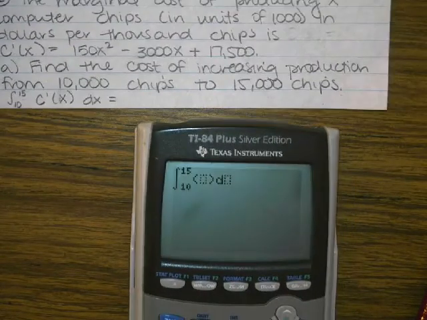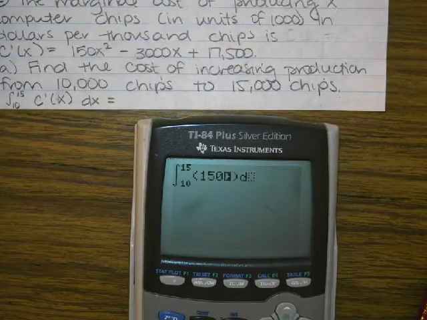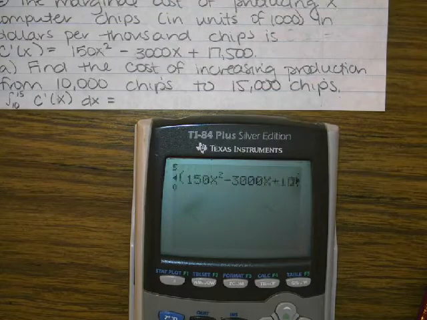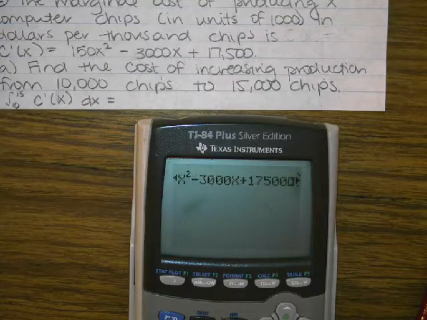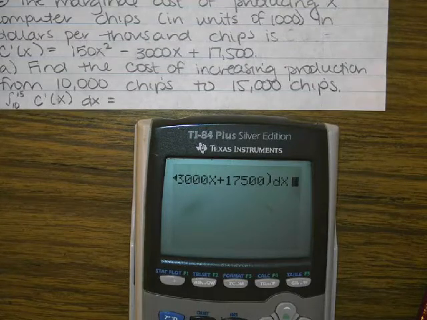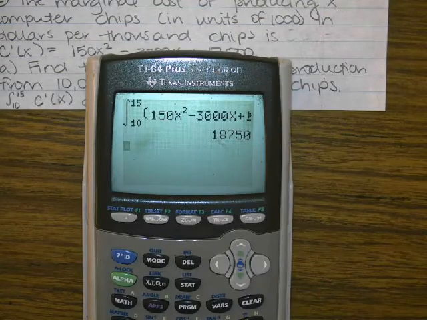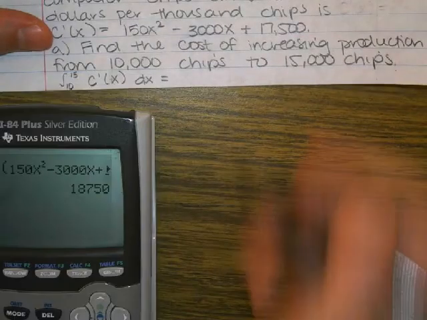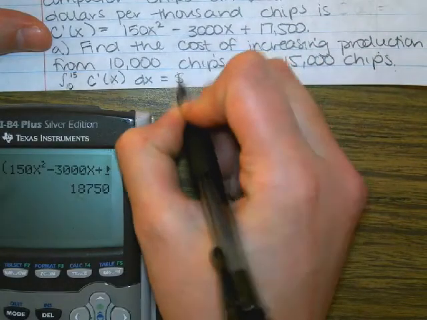We're actually going to type in that equation: 150X squared minus 3,000X plus 17,500. And then we have to put dx in here. So we're using the same variable that the problem is using. And then it tells us the answer, and we didn't even have to do the work for it. Isn't that nice?